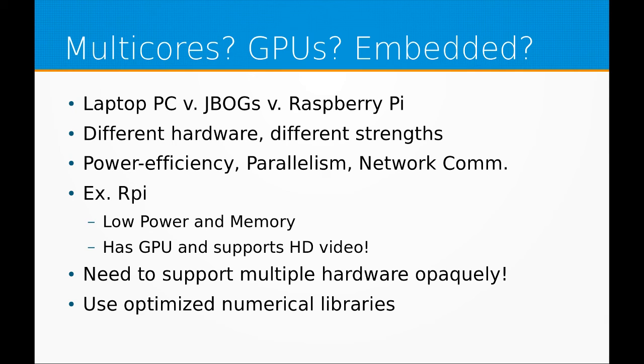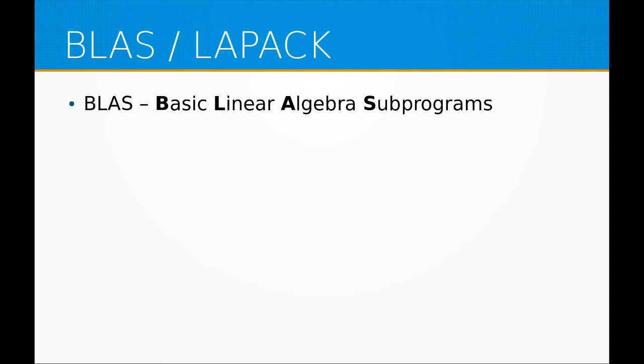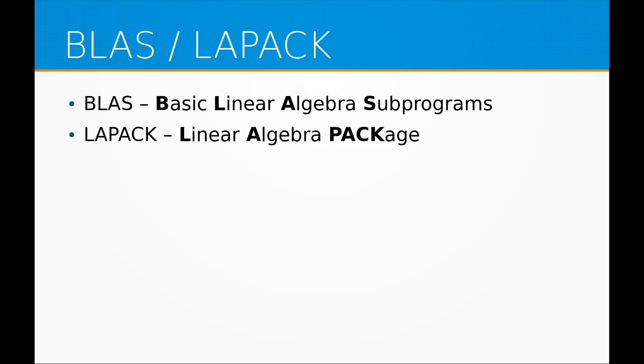So these tensors and matrices come up in physics simulations, mechanical engineering simulations, civil, whatever. So people have been working on this since computers came out, and so there are very optimized numerical libraries that you can exploit to have better performance and optimizations. And these are called BLAS or LAPACK. BLAS stands for Basic Linear Algebra Subprograms, and LAPACK stands for Linear Algebra Package.